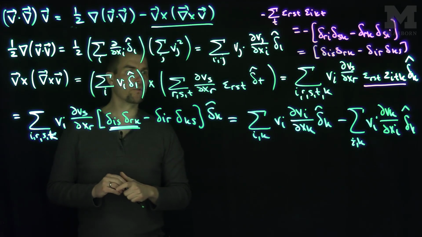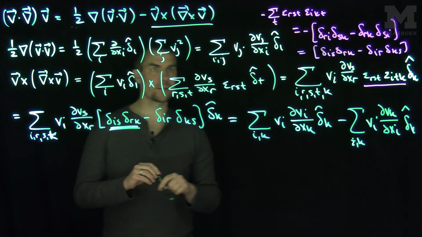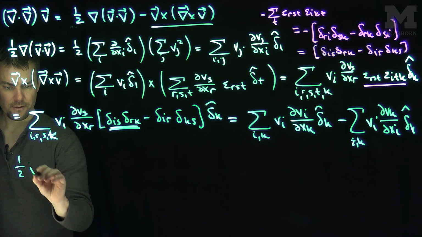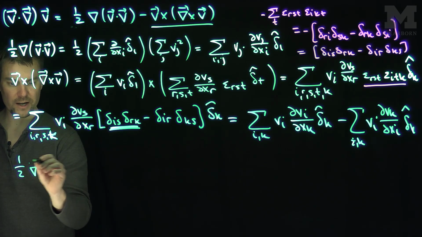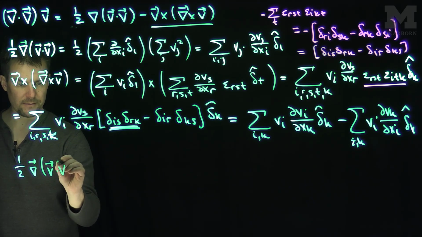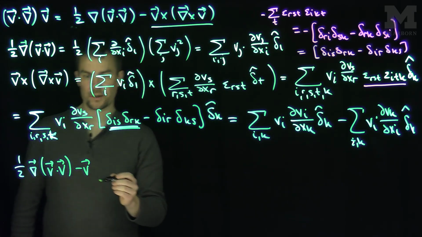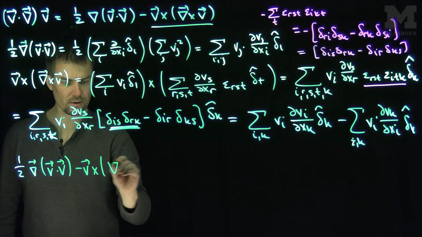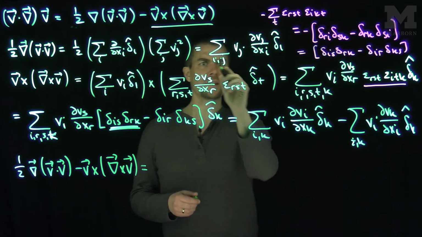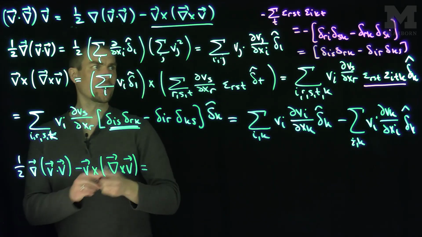Excellent. Now over here what we can do is rearrange these things a little bit, and we can notice that our expression over here, one half the gradient of v dot v minus v cross the curl of v, is going to be equal to, I'm going to take all these i's and just turn them into j's instead of k's over here.